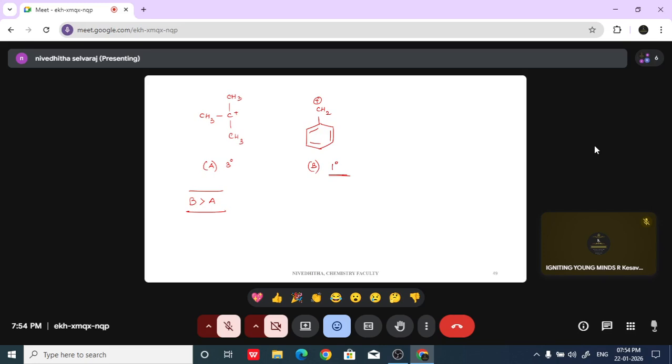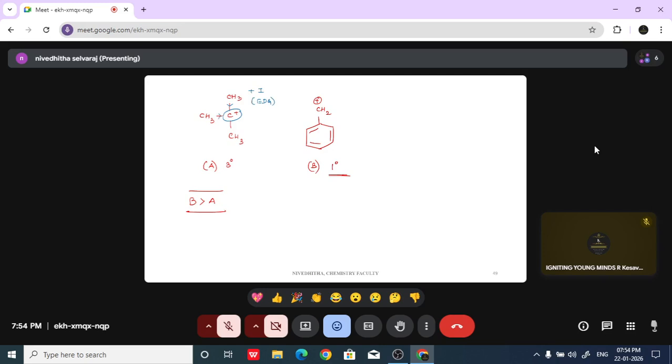Now listen, as far as tertiary carbocation is concerned, positively charged carbons are considered to be electron deficient. Since this carbon is electron deficient, it is unstable. What these 3 R groups will be doing: this methyl group is considered to be a plus I group. So plus I groups are nothing but electron donating groups.